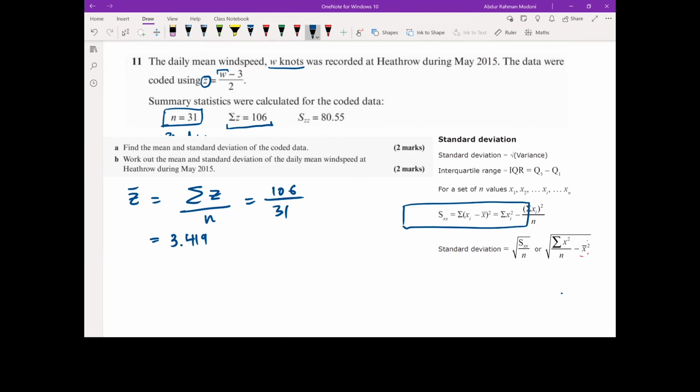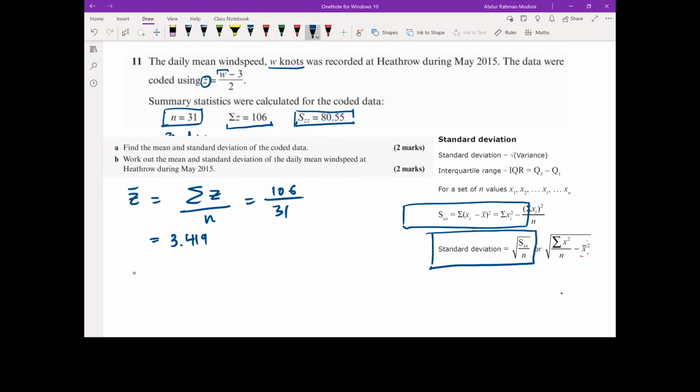We can then work out the standard deviation for this coded data. Since we are given a summary statistic here, Szz is 80.55, we can use that to work out the standard deviation.